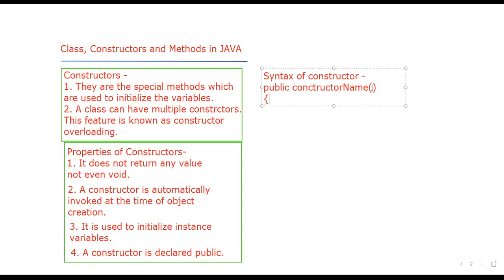Yeah, this is another property. A constructor should have the same name as of class. Okay, where should I write this property? This is property number 5. Okay, so here I'm writing the property.